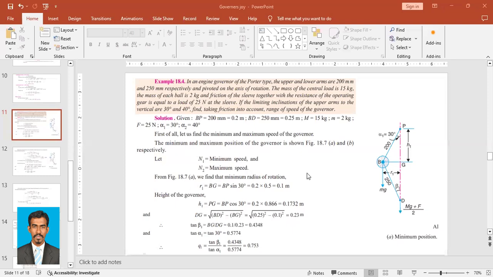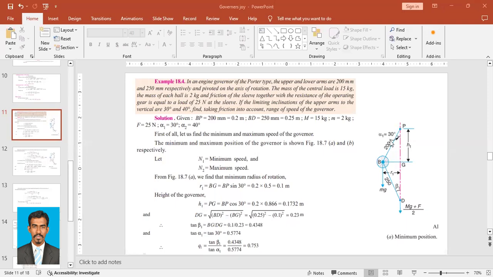From this figure, we can see R1. N1 is the minimum speed, so R1, the radius at minimum speed, is equal to BG. This BG is equal to BP sine alpha 1.